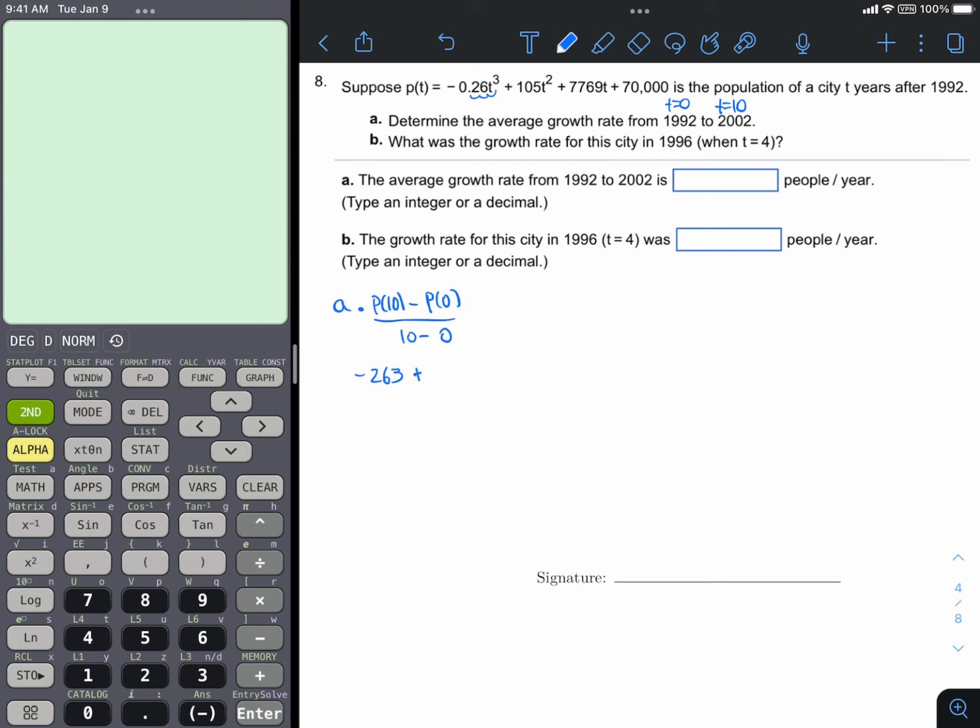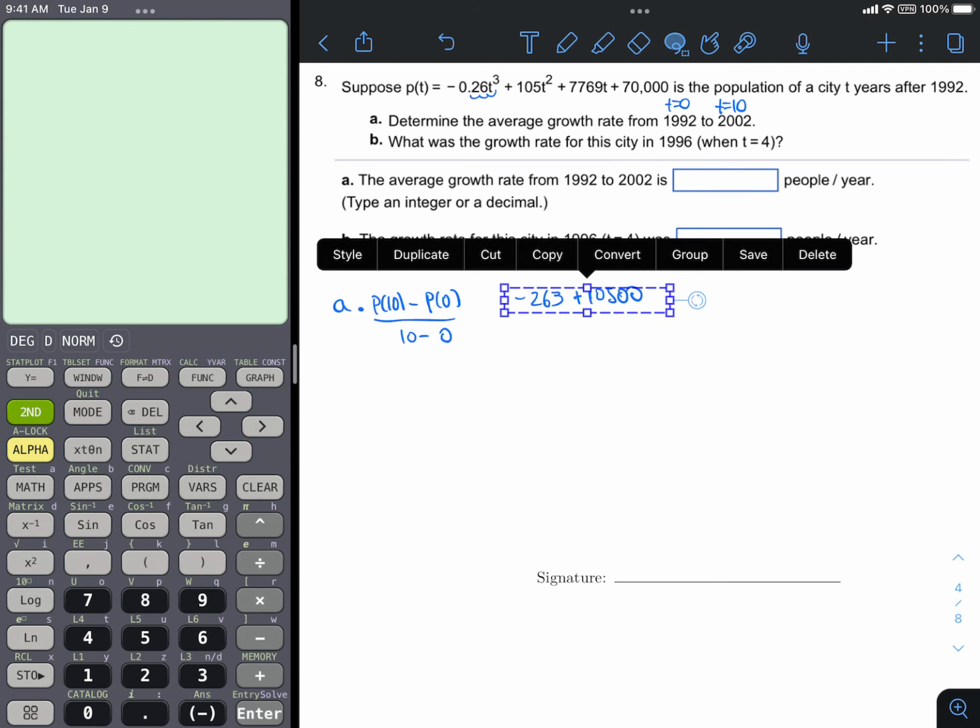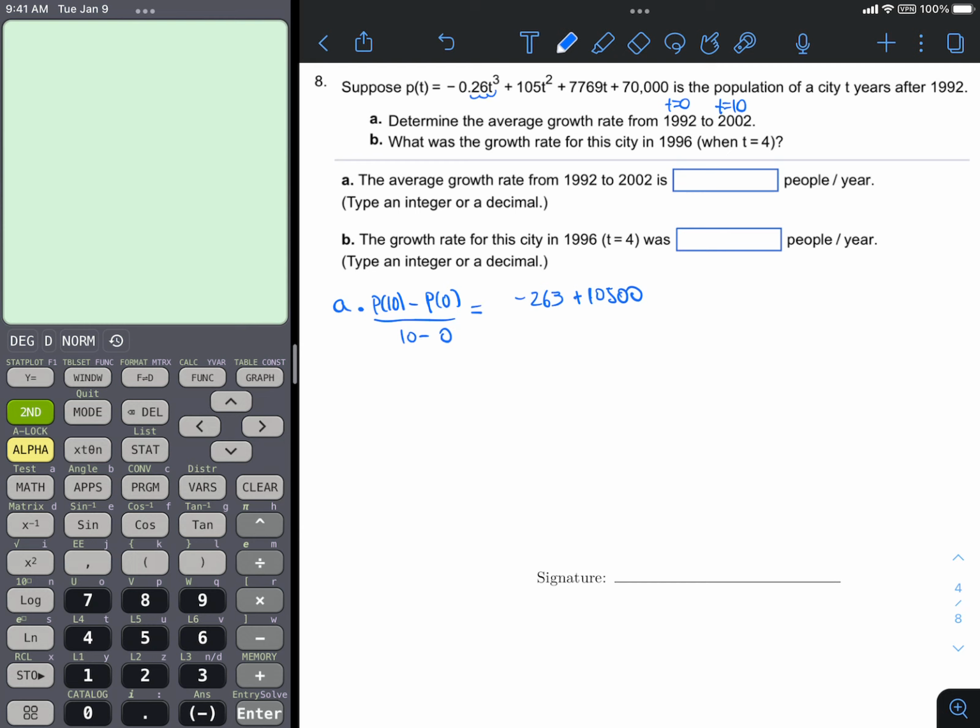And then plus 100 times 105, so 105 with 2 zeros. And then 7769 with a 0 plus 70,000.